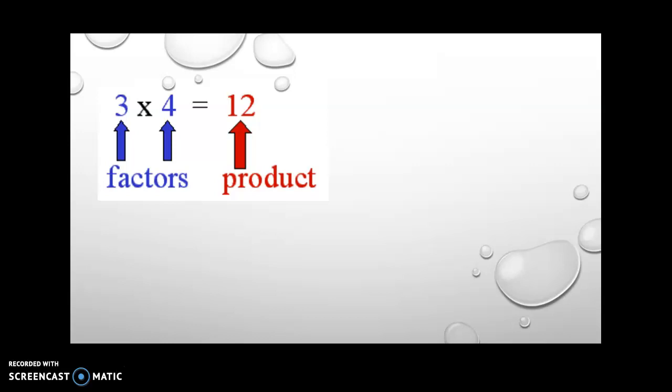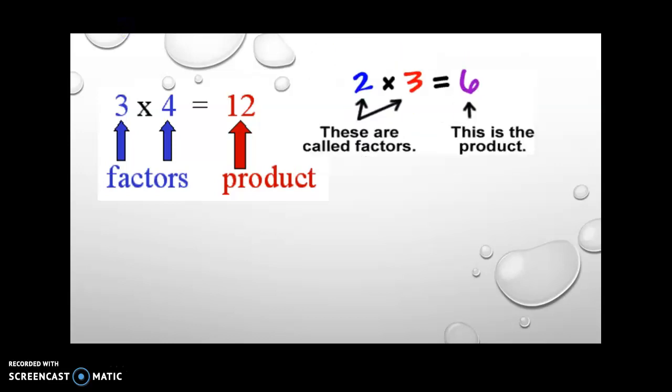And 3 times 4, or 3 multiplied by 4, equals 12. And our answer is also called a product. So factors are the numbers that we multiply by, and the answer that we get when we multiply numbers is the product, or another word is our answer.